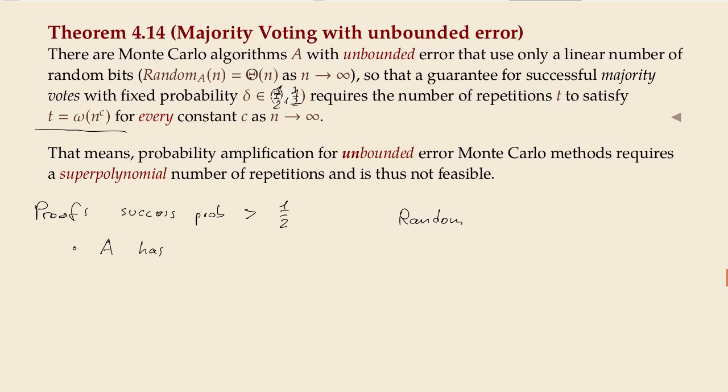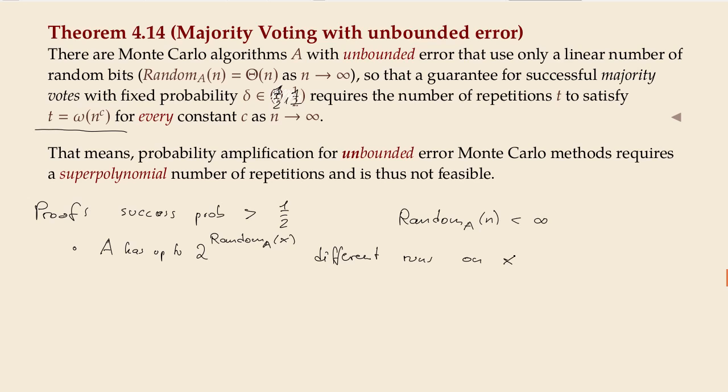In our specific case, it's even linear. But in general, even if it's only finite, you know that A has at most 2 to the number of random bits different runs. At most, and also up to, in the sense that for the worst case, all of these runs are different on a specific input x.